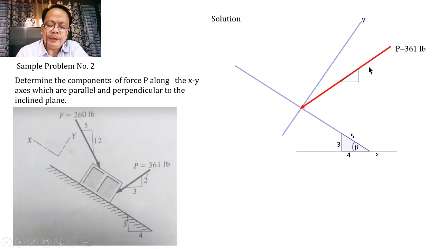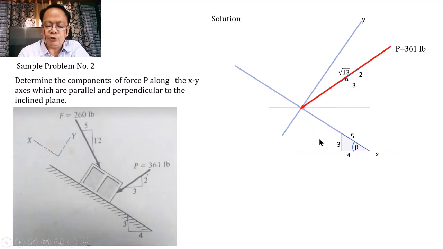The force P makes an angle of 2 vertical and 3 horizontal, and let us imagine that the angle of inclination that this P makes with respect to the horizontal is called angle alpha. From here we can compute the inclined distance of the smaller triangle, and that gives us a value equal to square root of 13.